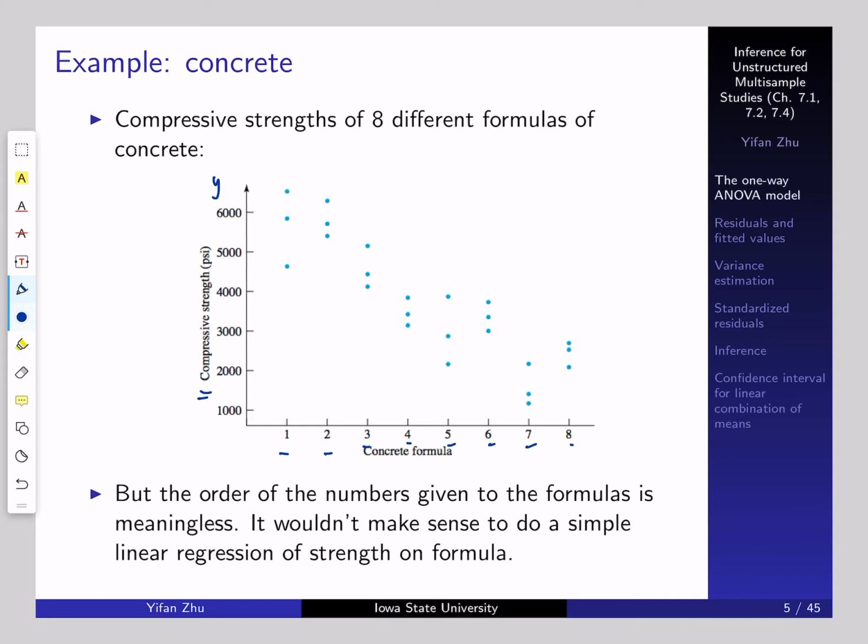Because these 8 different formulas do not have any order, they are just 8 different formulas, we give them a number from 1 to 8. So this order of numbers given to the formulas is actually meaningless. We should not do simple linear regression of the strength on the formula, right? So we will use a one-way model to do this.